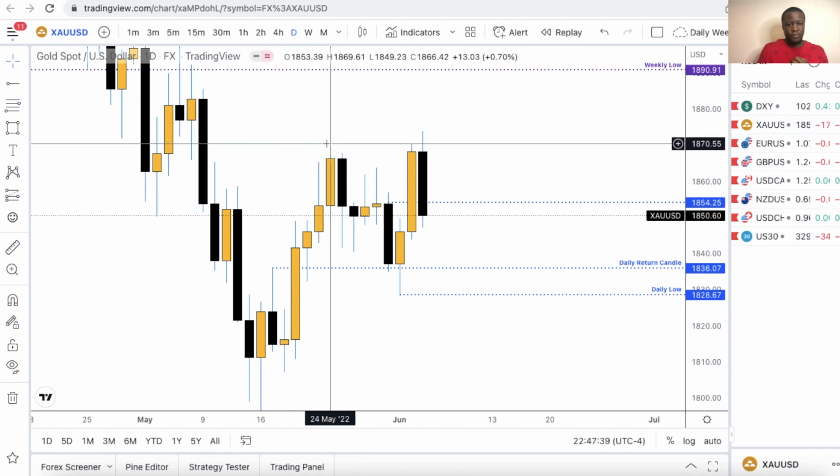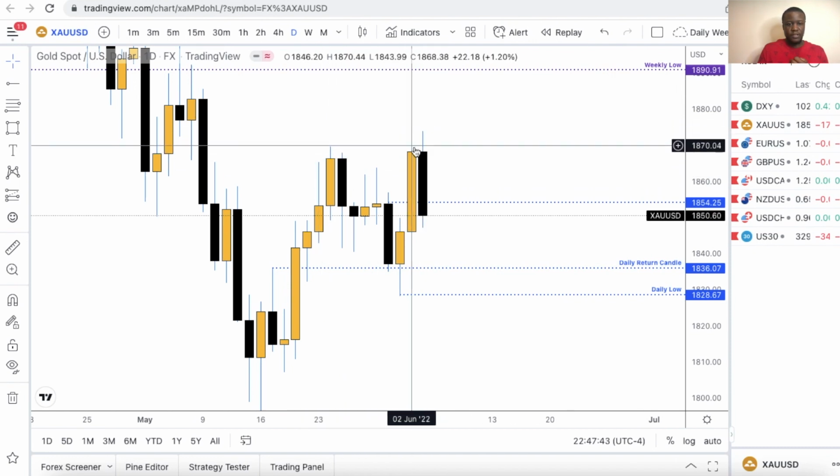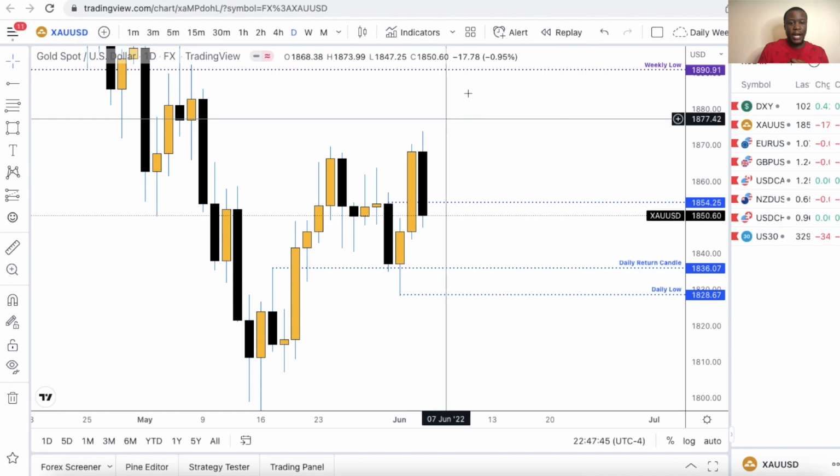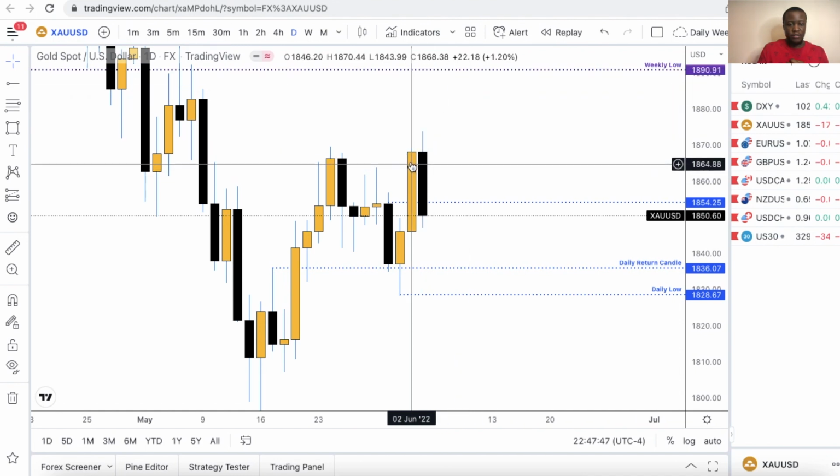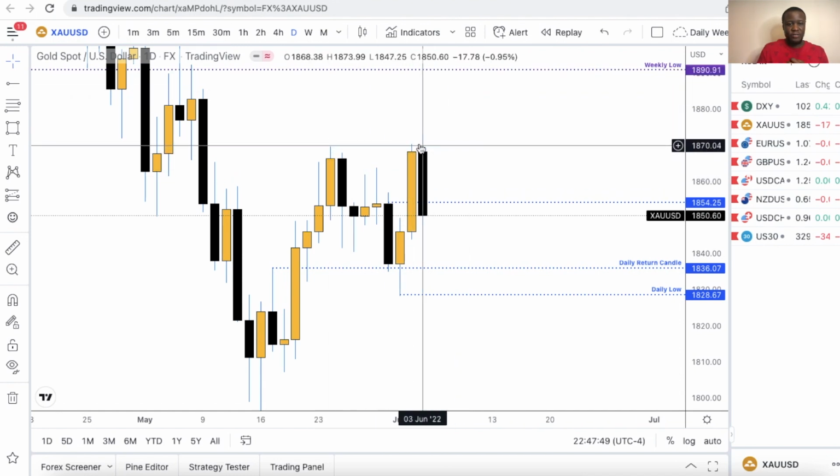Buy stops are triggered once it goes up. They're expecting the market to move much higher, right? And then the market will just take out those buyers by bringing the market down, and they've already lost.